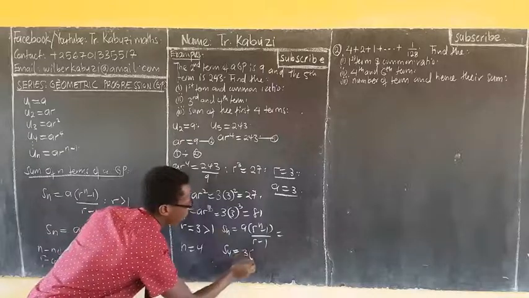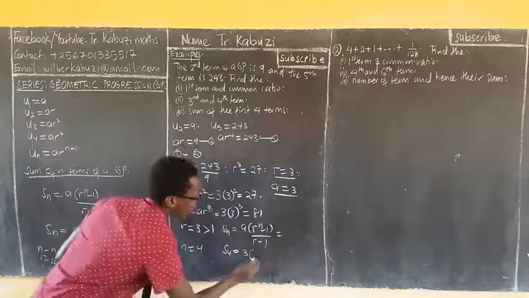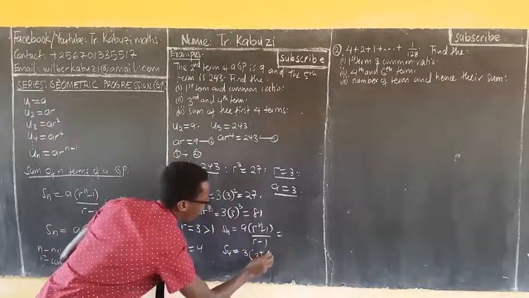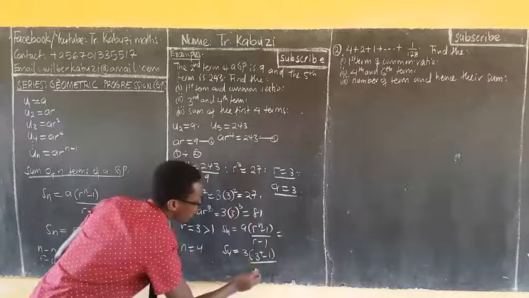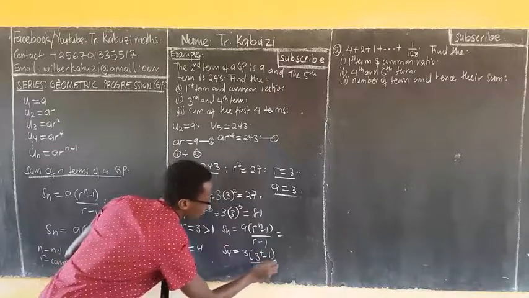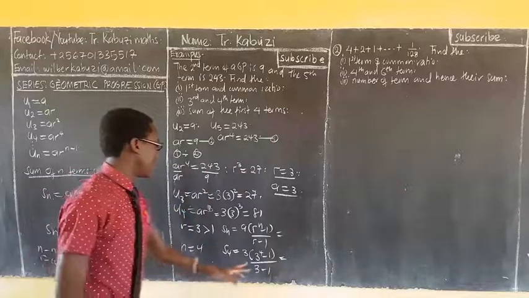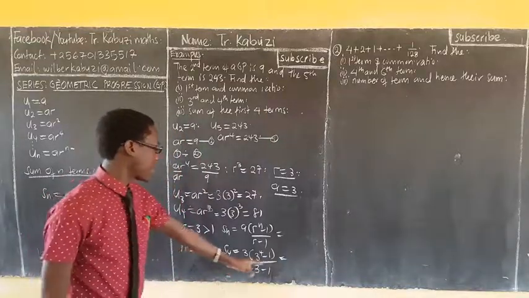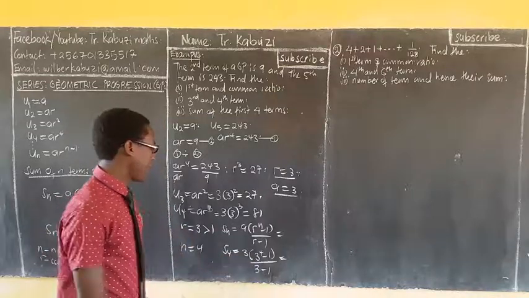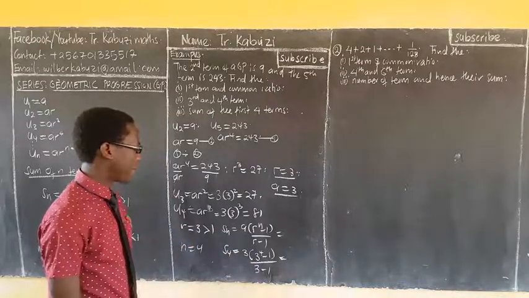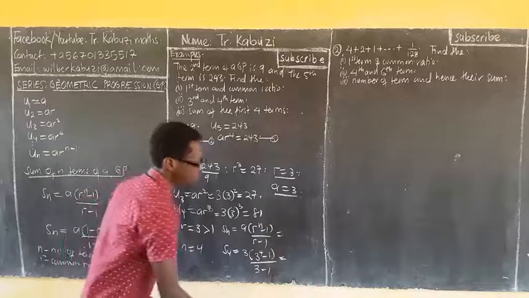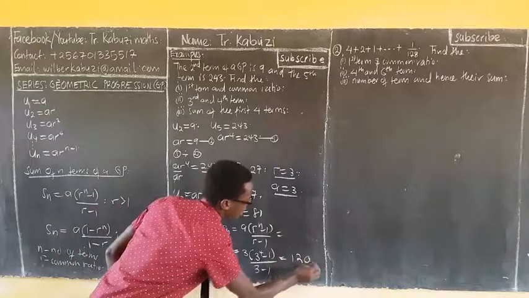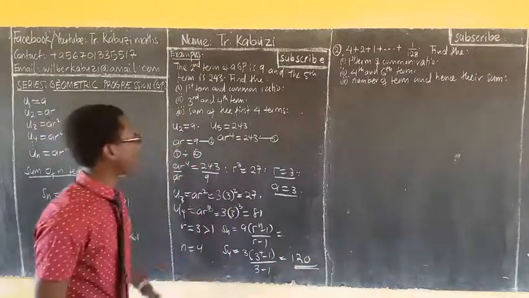So 3 into my r, which is 3, to the power 4 minus 1, the whole over 3 minus 1. 3 to the power 4, that's 81, minus 1. That's 80 times 3, that's 240. 240 divided by 2, you get 120. So that's how you get a sum.